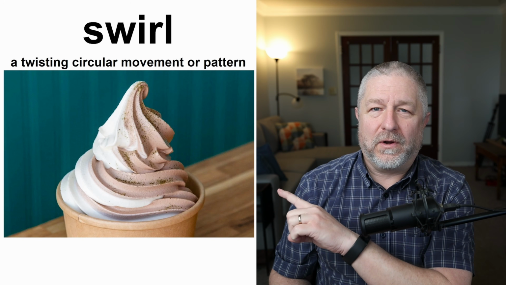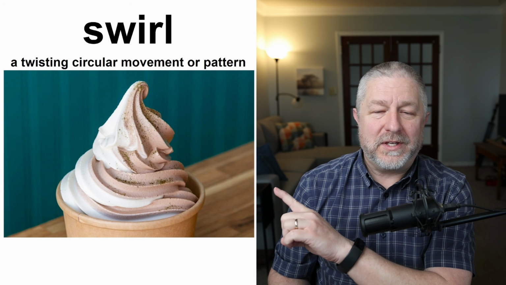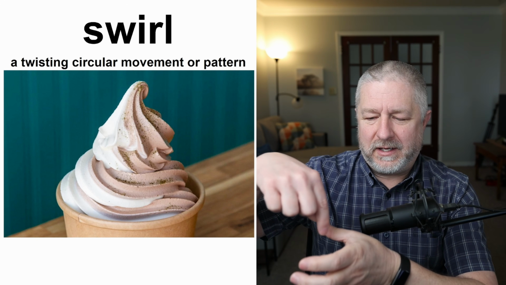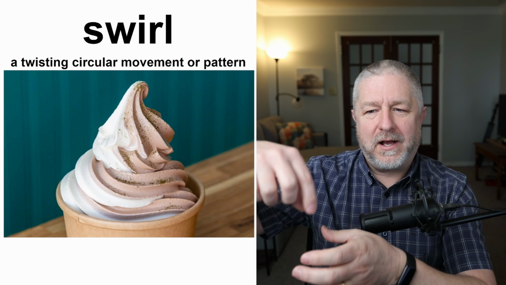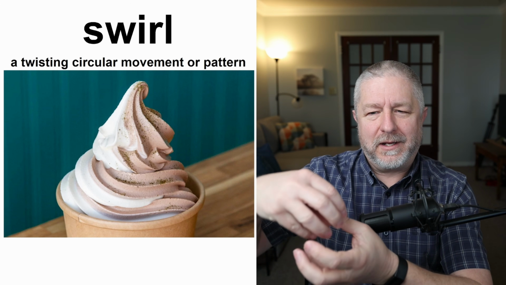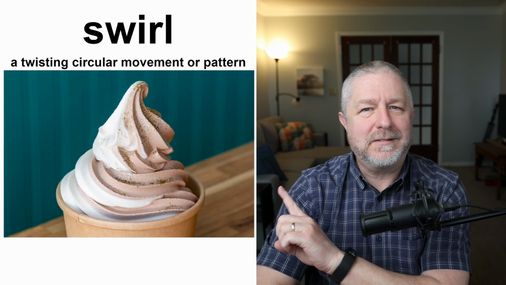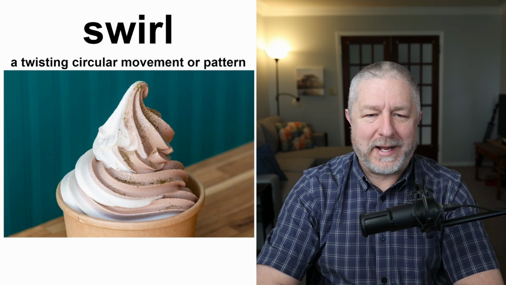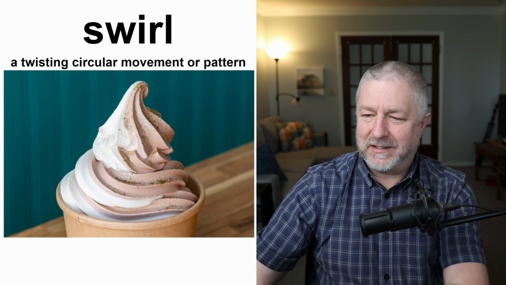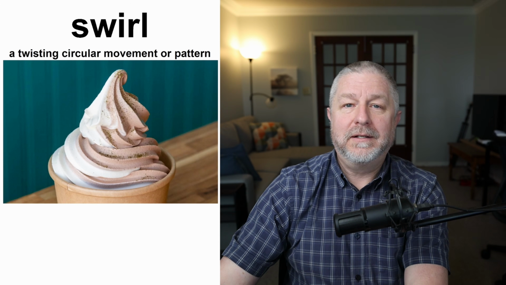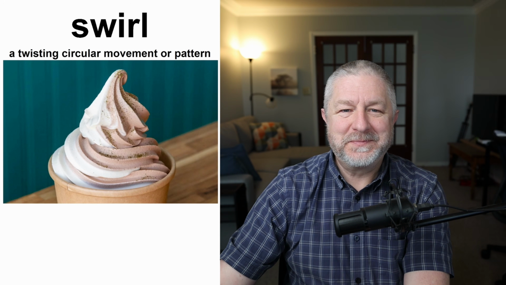Sometimes this is even called swirled ice cream, or they serve it on a cone in a swirl. But if you look, it does go around. It's similar to a spiral, I guess, except it can build up. But this is the best example I can come up with. A twisting circular movement or pattern that looks exactly like this. And in this case is also extremely tasty and not good for you.